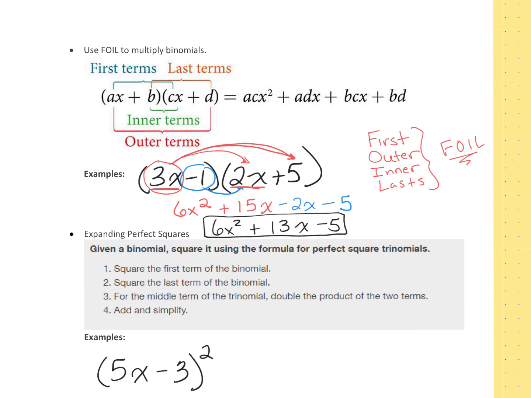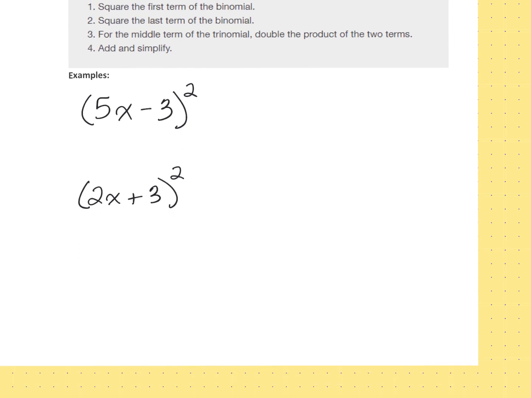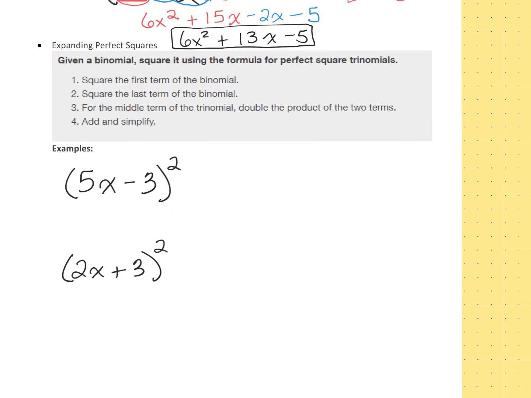So something else that a lot of students have difficulty with is multiplying out perfect squares. For example, 5x minus 3 quantity squared. So technically, this is 5x minus 3 times itself, 5x minus 3.